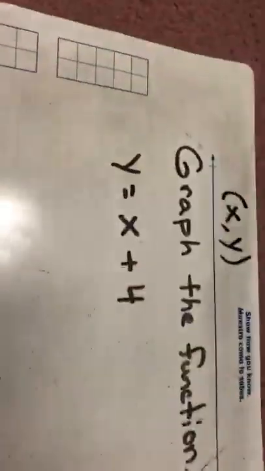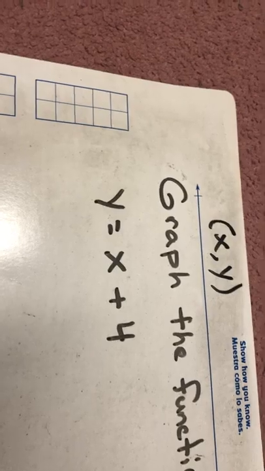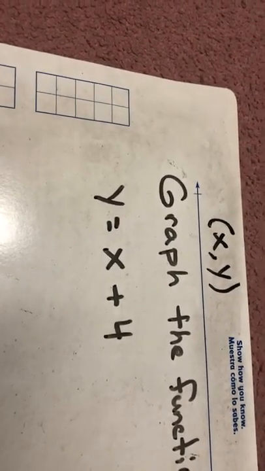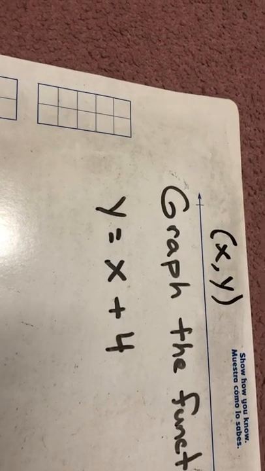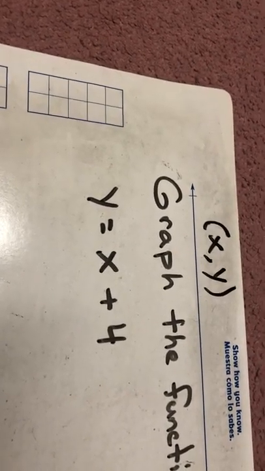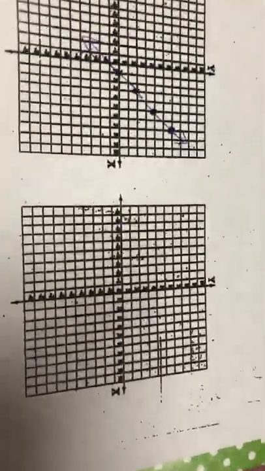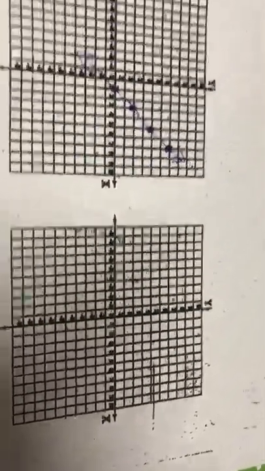So you want to use numbers that actually make sense. You don't want to get numbers on the graph where you're like, well, x is 400 and y is 404, because 400 plus 4 is 404. You don't want to do that. Use smaller numbers that are easy to work with that will actually fit on the graph.